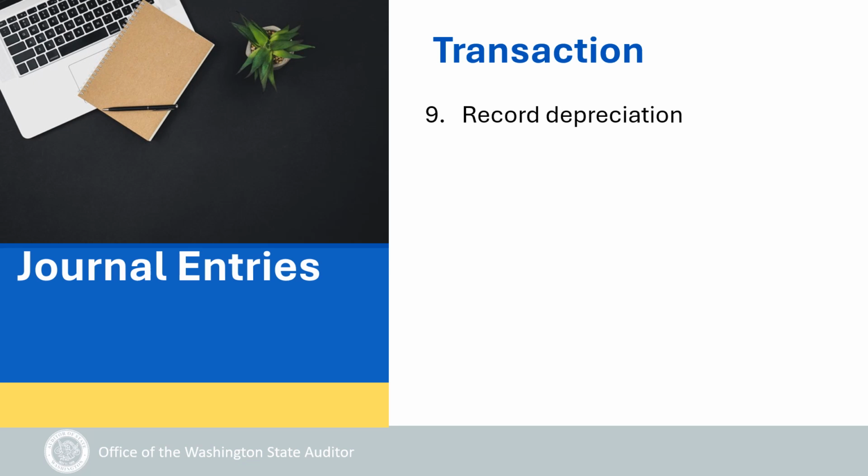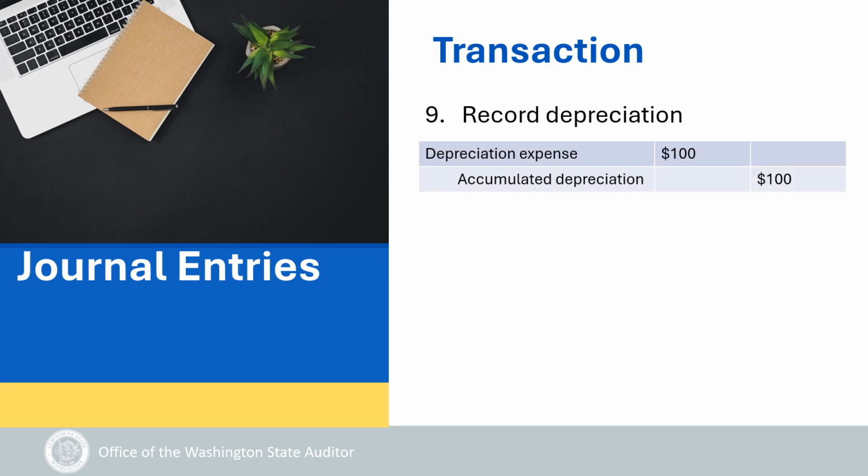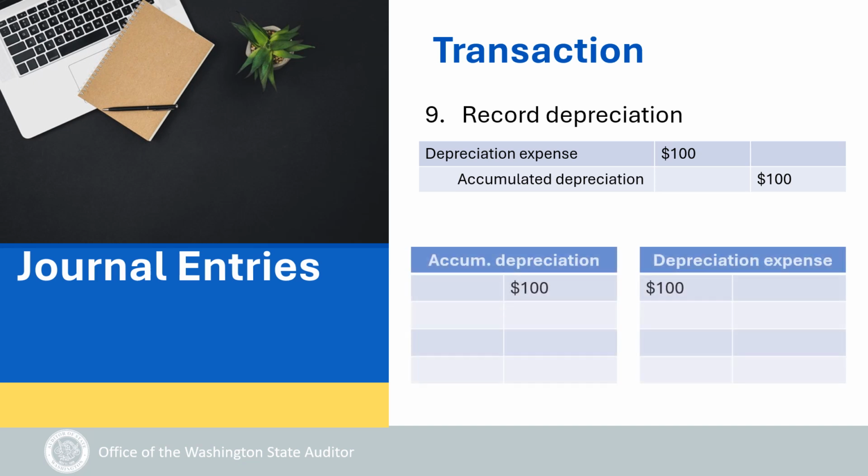But remember, this is a contra asset account, so we do the opposite. To increase accumulated depreciation, it needs a credit. So our journal entry is a debit to depreciation expense and a credit to accumulated depreciation. We then carry this forward into our T accounts. Now that's it for our example journal entries.